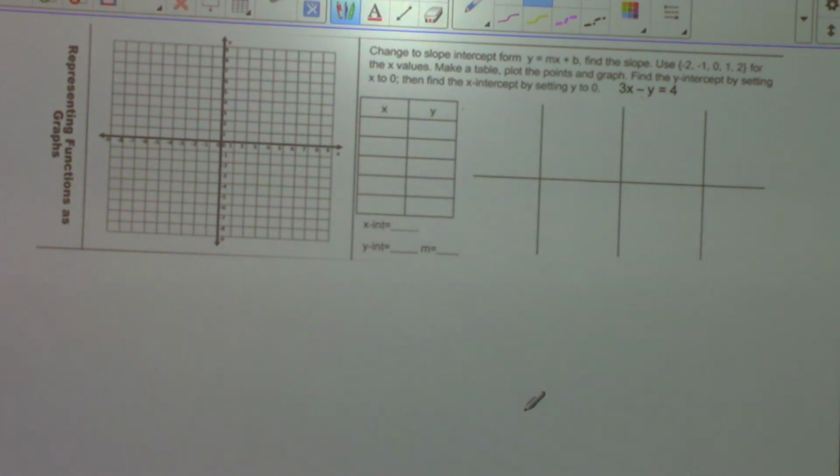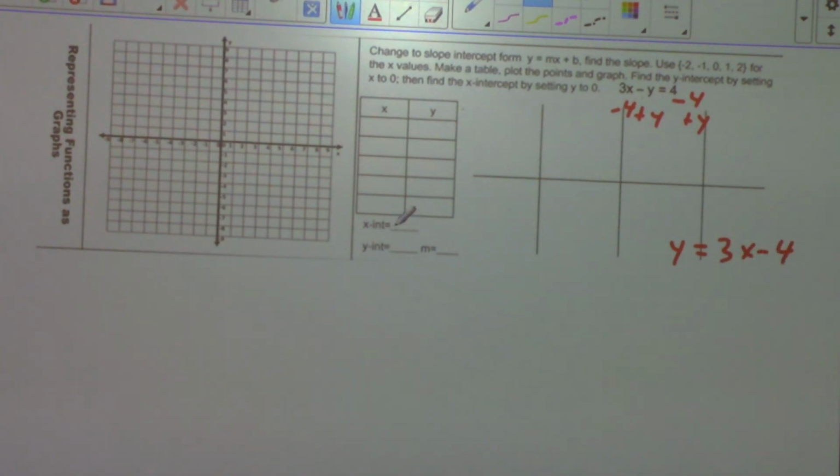Okay, here we are, slope, 217. Okay, 217, all right. So what we have here is, real fast, if we add y here, and then we subtract 4 from both sides, we get y equals 3x minus 4.